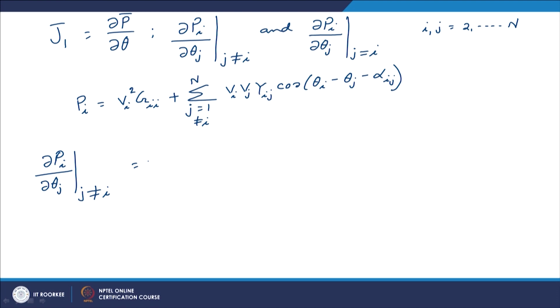Therefore, there will be only one theta j term and it would be Vi Vj Yij into cosine becoming minus sine of (theta i minus theta j minus alpha ij). We are doing the partial derivative with respect to theta j. So, cosine has got a partial derivative minus and we have got another minus. So, minus minus plus. Now we have to expand this Vi Vj Yij.